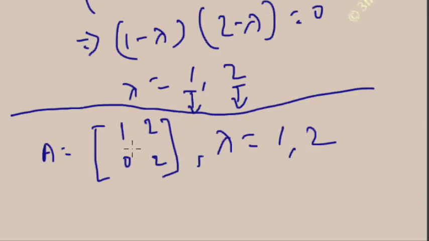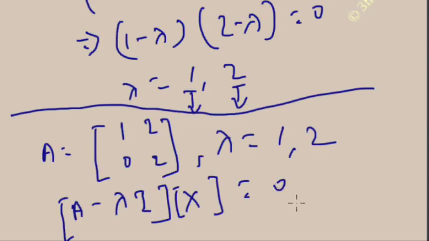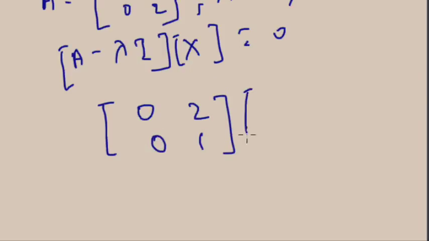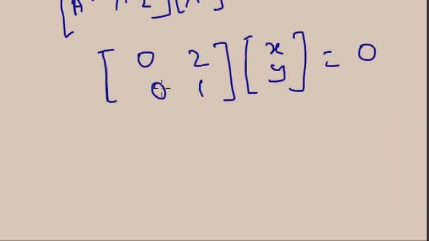So there are two values of lambda, and I need to find the eigenvectors for each value of lambda. Now A is this matrix and lambda is 1 and 2. Solve A minus lambda I into x is equal to 0 to find the eigenvectors. First I will put 1 as lambda. So 1 minus 1 is 0, 2 minus 1 is 1. The first equation gives 0 into x plus 2 into y is equal to 0, and the second gives 0 into x plus 1 into y is equal to 0.